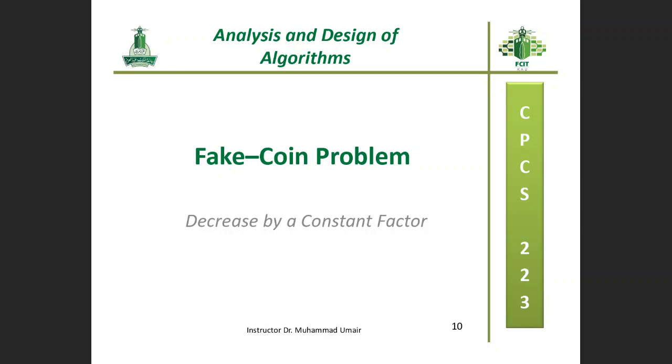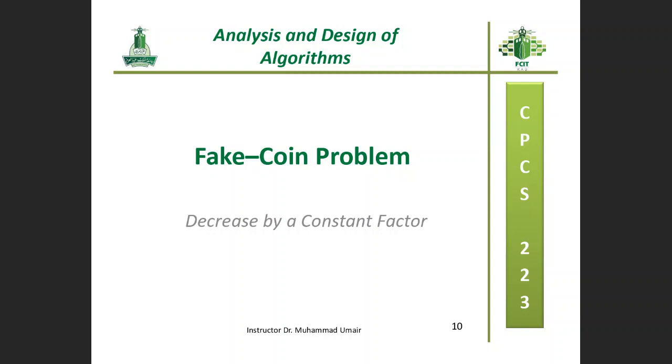The problem statement is that we have n coins. By looking at the coin you cannot decide. Their shapes are the same, they are very identical, but the fake coin is lighter compared to the other ones.